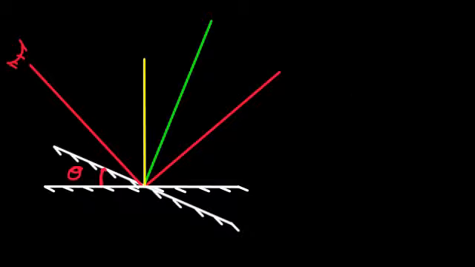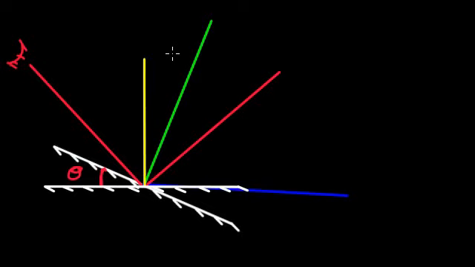The new position of the reflected ray will be the line in blue color. The reason is that the glancing angle formed must be the same, and the angle between the incident ray and the normal must be equal to the angle between the reflected ray and the normal.